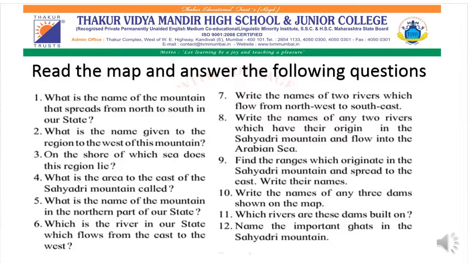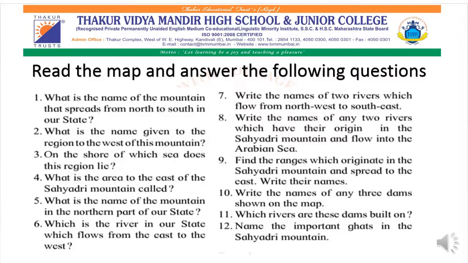Look at this, students. Read the map and answer the following questions. Here we have all those questions for map reading. We have to study the physical map of Maharashtra and try to give the answer after reading the map. So, what is the name of the mountain that spreads from north to south in our state?